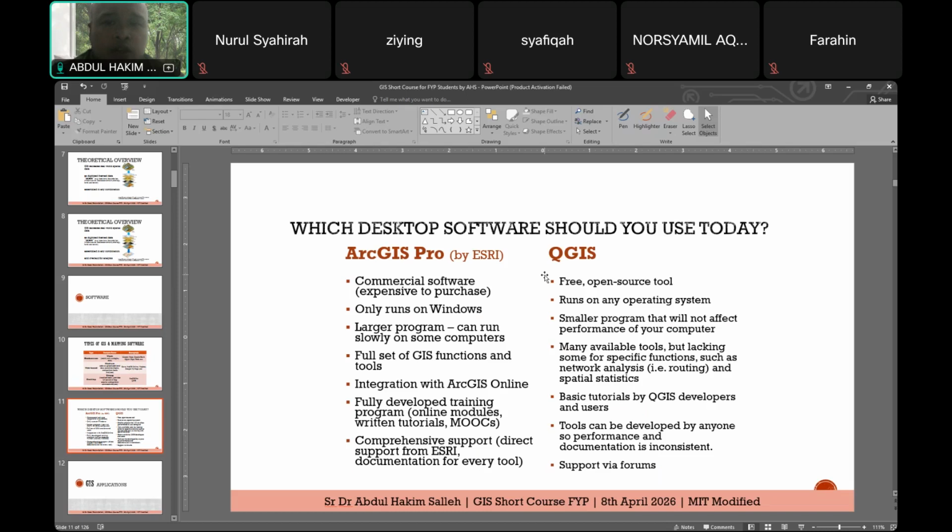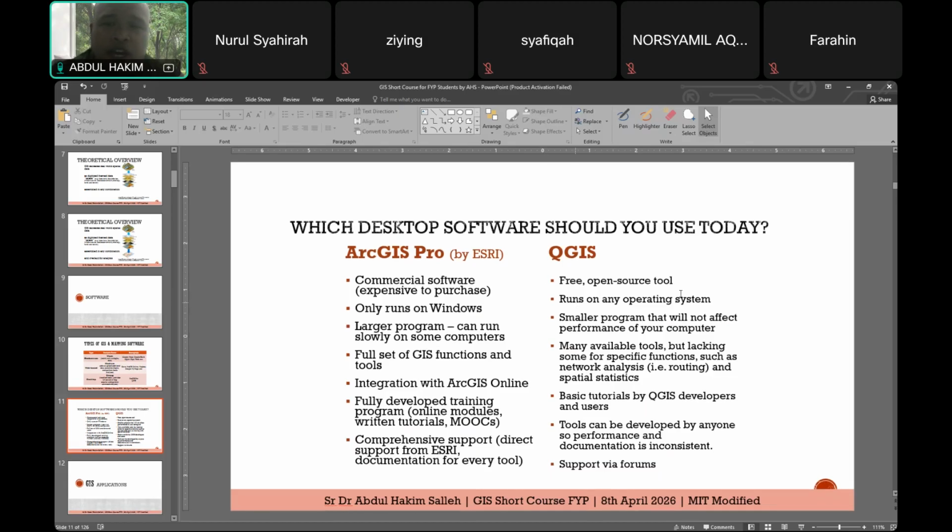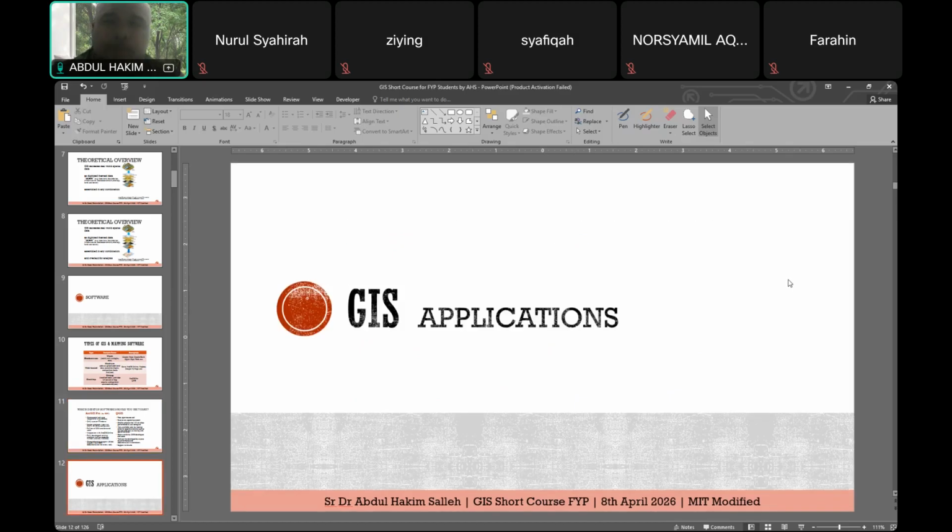So it's getting better. Quantum GIS is getting better. That's why I'm starting to learn Quantum GIS too. So for this training, we will be using Quantum GIS. No worries, it's good. Next is the GIS applications.